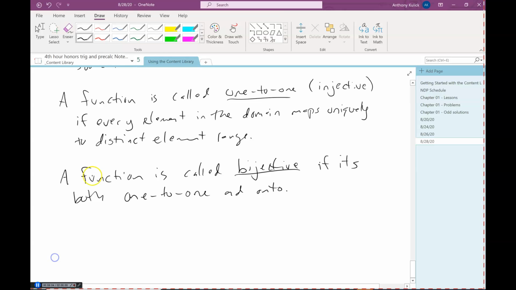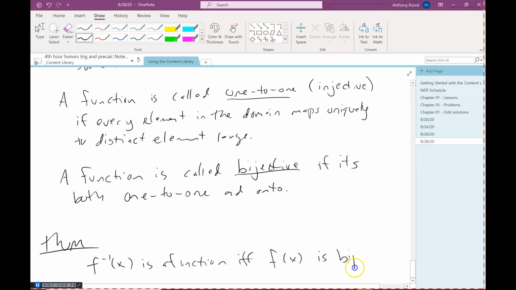So, with these definitions, we have the theorem that f inverse of x is a function if and only if f of x is bijective.